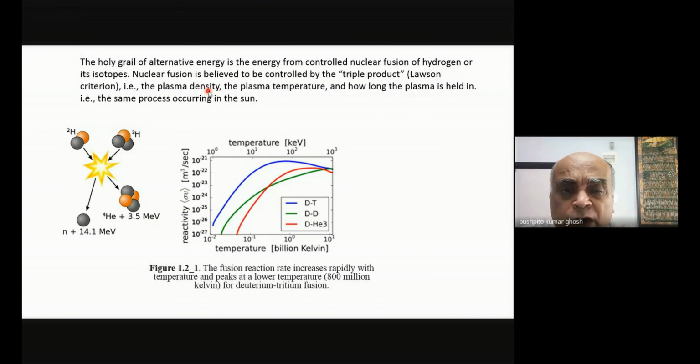The only way to achieve that is to increase the density of the plasma to the level where these nuclei are bang next to each other.